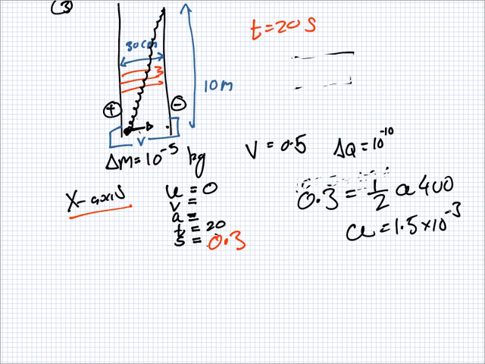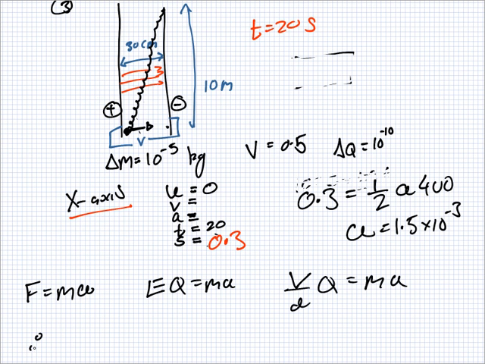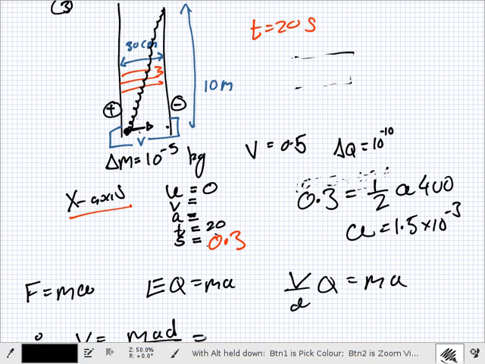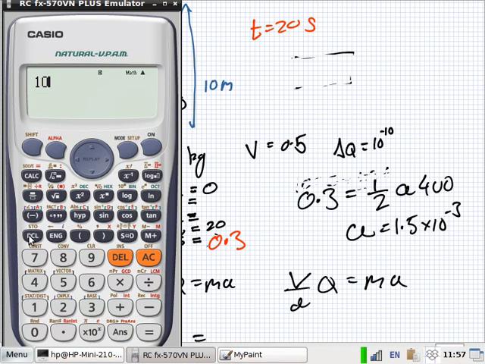Okay, let's try and do this in one step to save time. Newton said F equals ma. But we know that F is equal to EQ. But we know that E is equal to V over D. So therefore, V is equal to MAD over Q. Okay, what's the M here? 10 to the minus 10, isn't it?